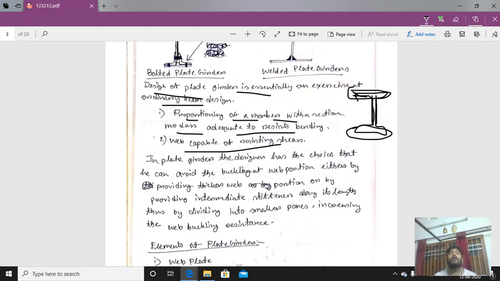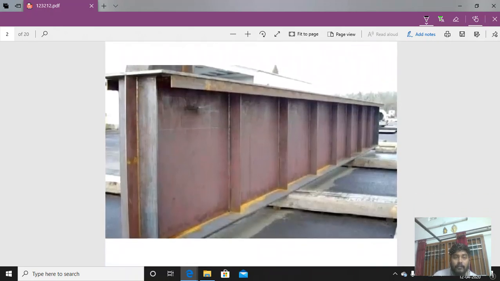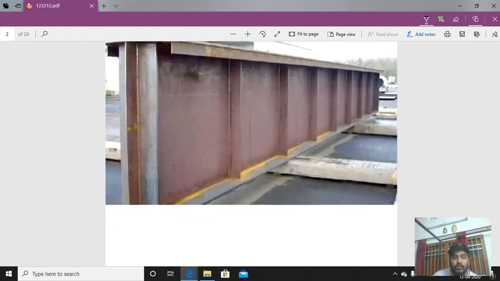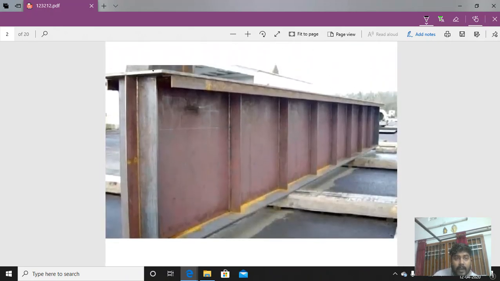Now, if you see the picture, this is the flange plate and this is the web plate. The web plate is very much thinner in thickness, so there has to be some buckling.